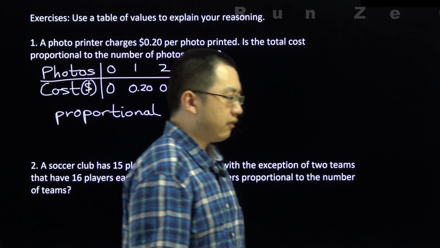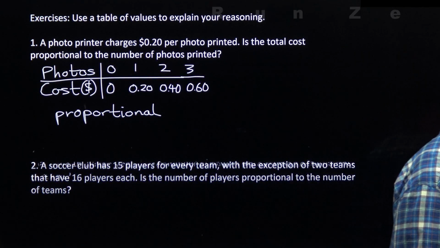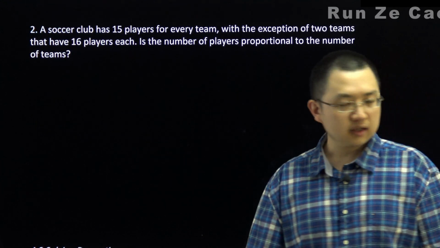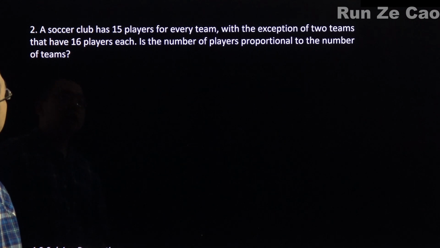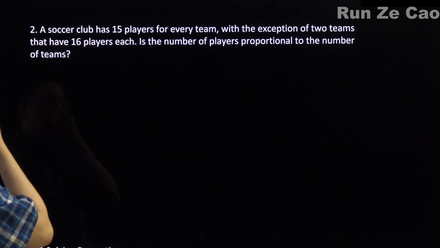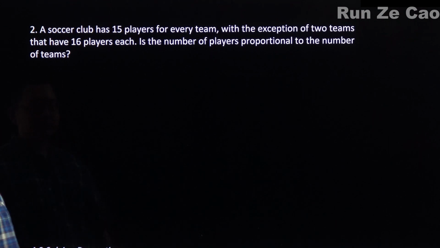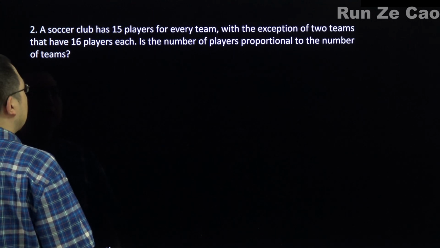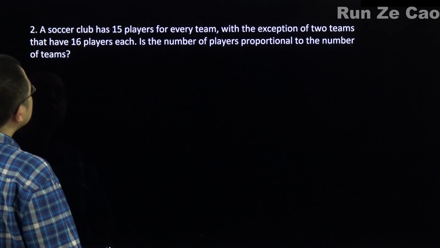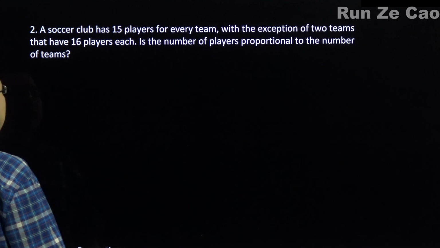Now, let's say we have a soccer club, which has 15 players for every team, with the exception of 2 teams that have 16 players each. Is the number of players proportional to the number of teams? How do you even use a table of values for this?